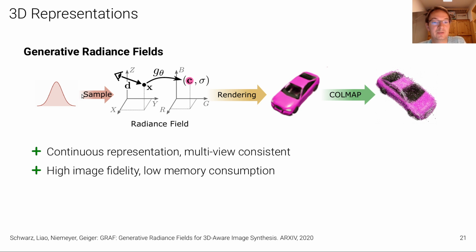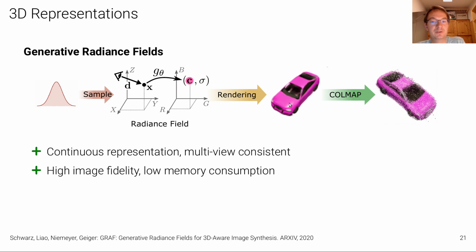We have a random code that we sample, and then we have this conditional radiance field G that takes this random code, a viewing direction D, and a 3D location X as input, and outputs a color value and a volume density at every 3D point in the scene, which can then be queried through a differentiable volumetric renderer in order to produce an image.